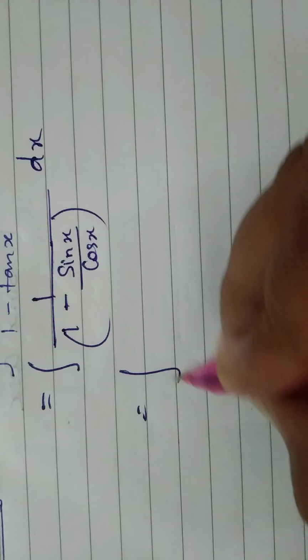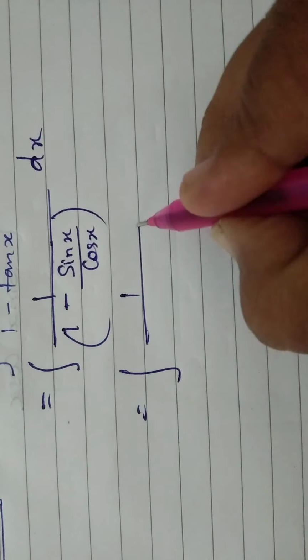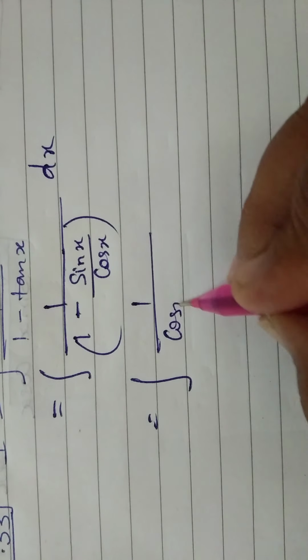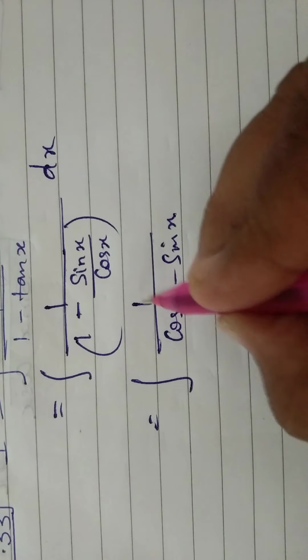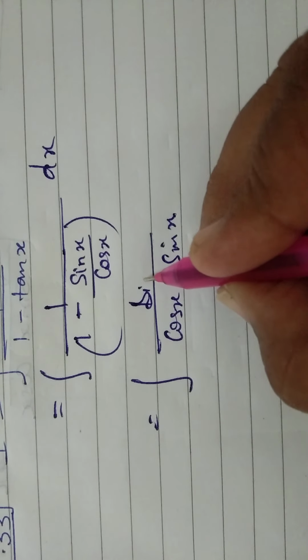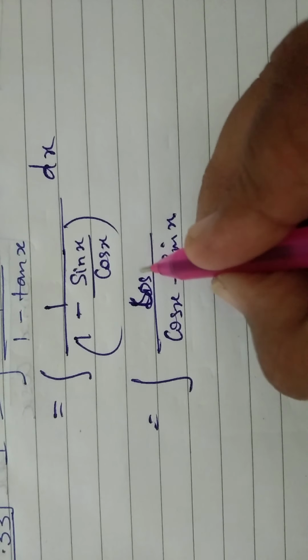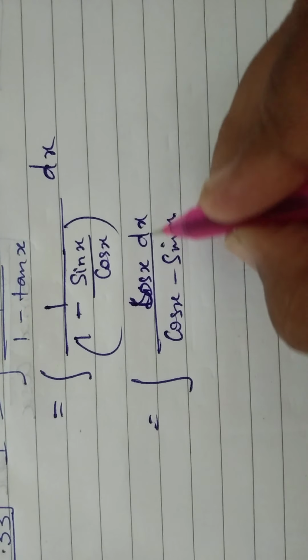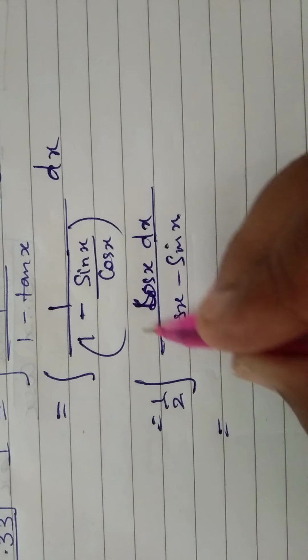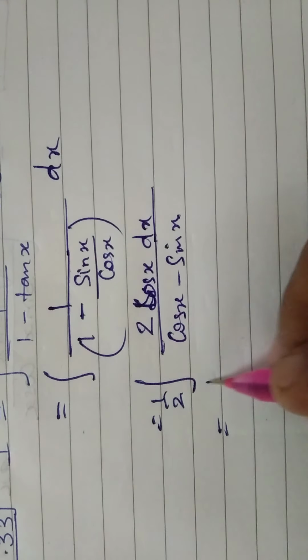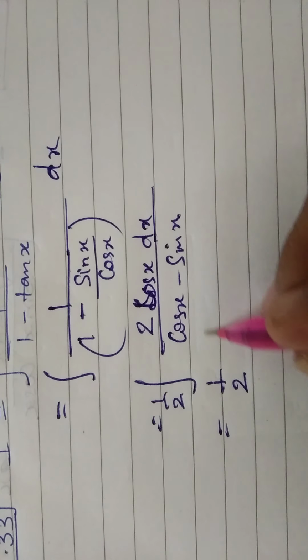Then I take the LCM in the denominator, so I have integral of cos x minus sine x upon cos x, and sine x I take to the numerator, upon cos x I take to the numerator, that is into cos x dx. Now I divide by 2, I multiply by 2, everything like your previous question.